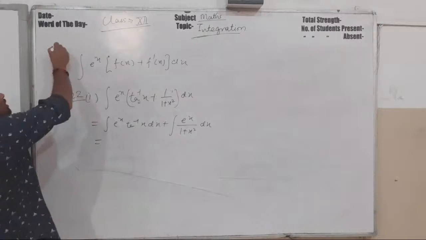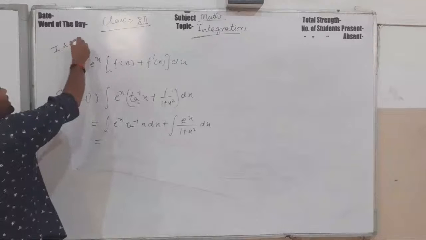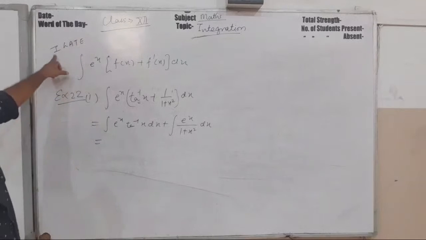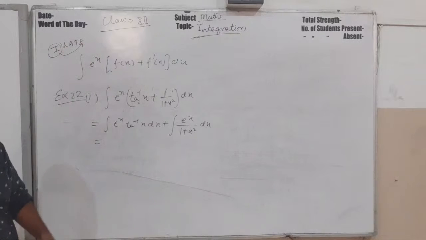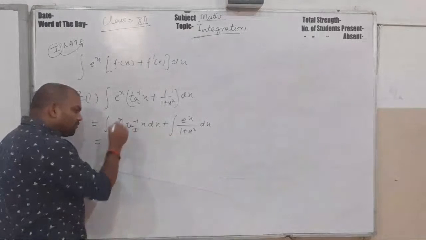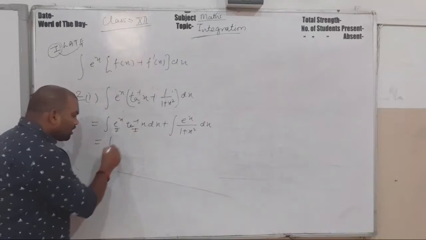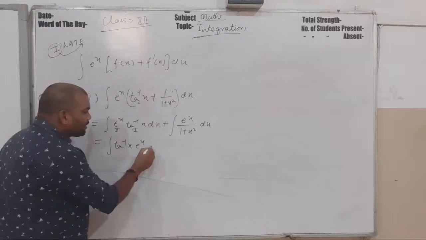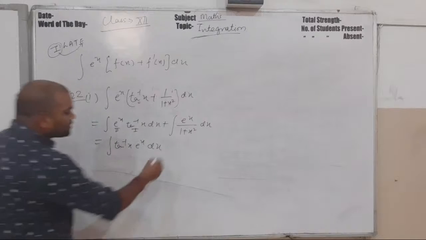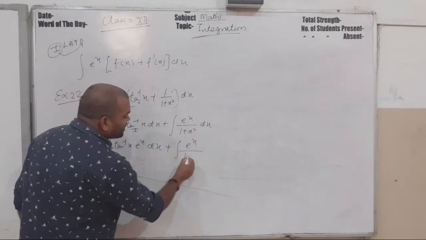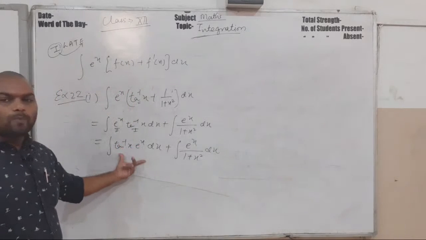So if you consider the word ILATE, the first is the inverse trigonometric function and exponential is the last. So we will choose this as the first function and this as the second function. So we can change the order: tan inverse x into e to the power x dx. Clear? And plus this part e to the power x upon 1 plus x square dx. Only we need to integrate the first part.